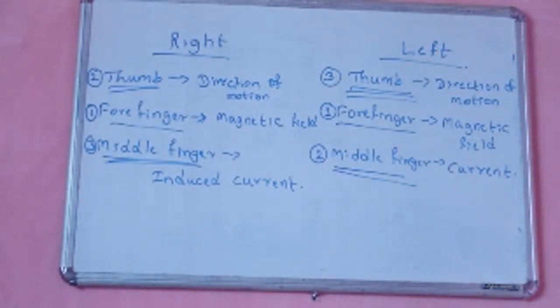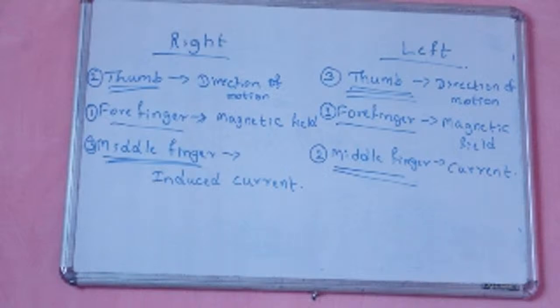And here the principle of the motor: the device converts electrical energy into mechanical motion. That is the main principle involved in an electric motor. If you consider a fan, when you switch on the light, electricity passes through the wires and reaches the fan, and the fan starts rotating.